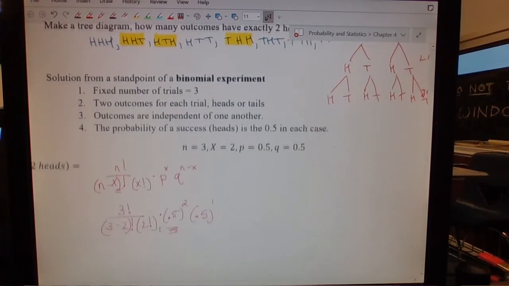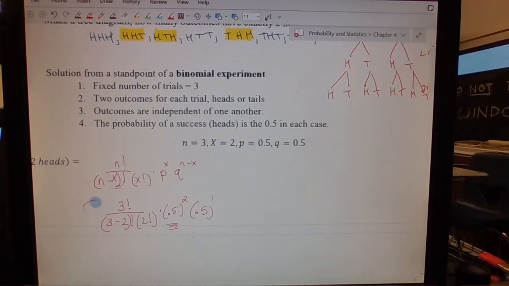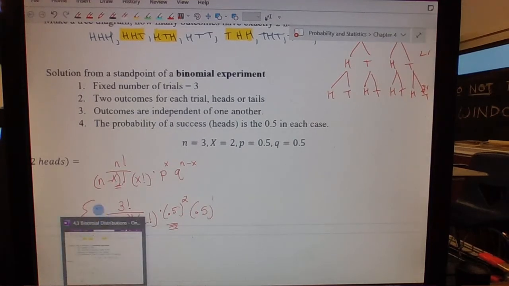Now, this part, like I said, if you're going to use any of your calculators by hand, that part is nasty. So what I suggest is using the actual combination formula or function in your calculator that says 3 combination 2. This is always going to have to be your bigger number when you type it in.